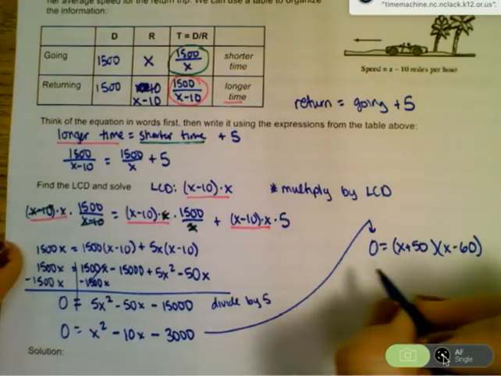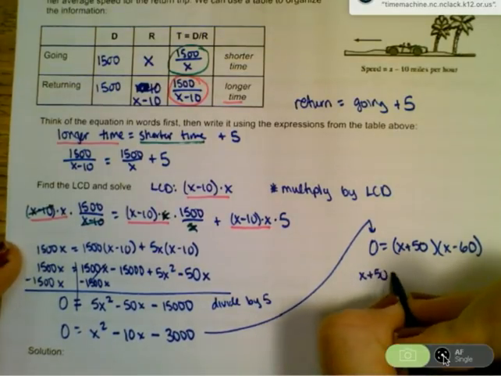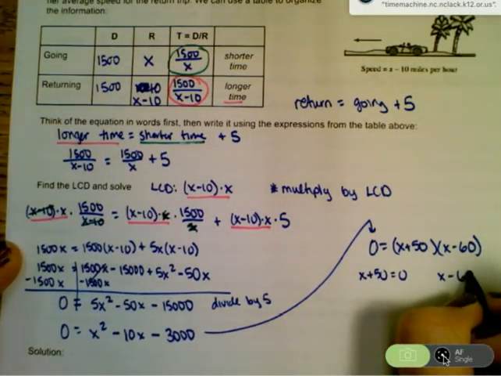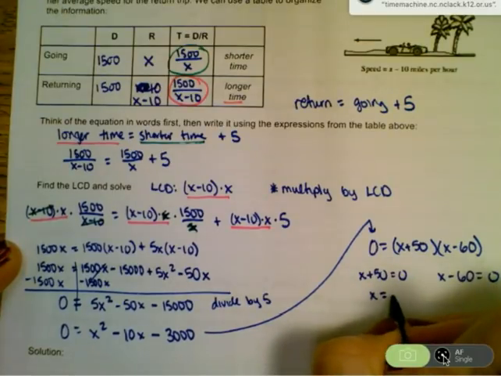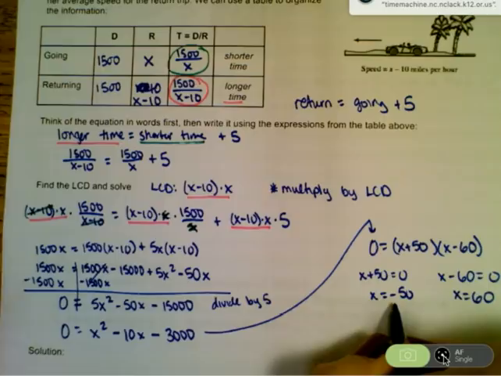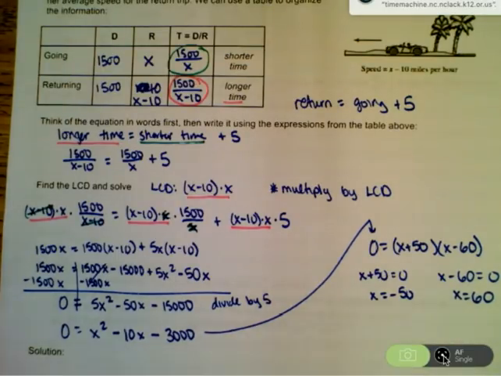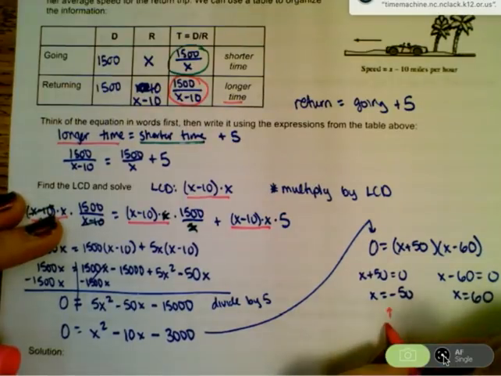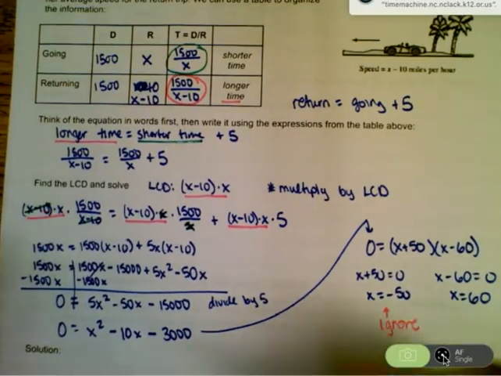So then I set both those equal to 0, so x plus 50 equals 0, or x minus 60 equals 0. So x equals negative 50 or x equals 60. Well, negative 50 doesn't make any sense as the speed of a car, so we ignore this one. It's what we call an extraneous solution, and we just go with 60.